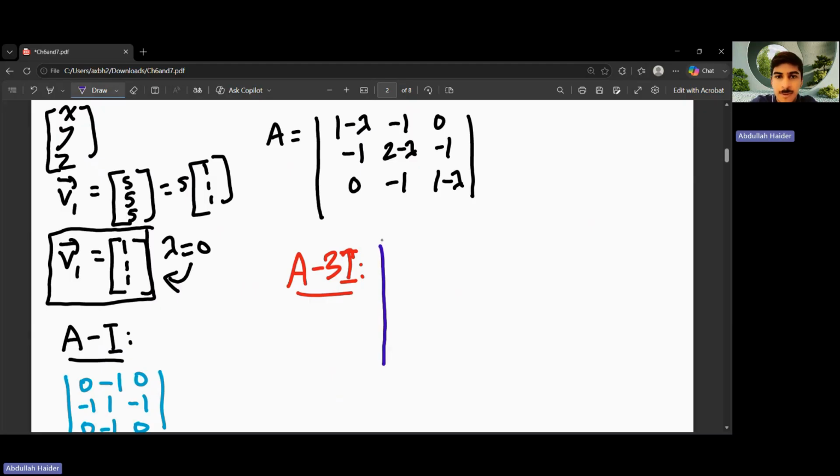So I get 1 minus 3 is minus 2, minus 1, 0, minus 1, I should get negative 1, negative 1, and 0, minus 1, minus 2. Check if this is right.